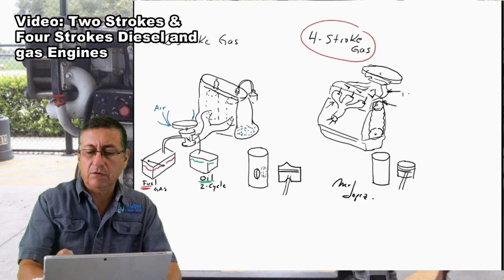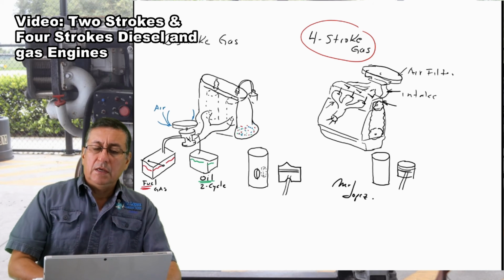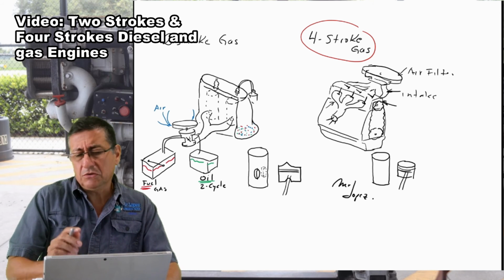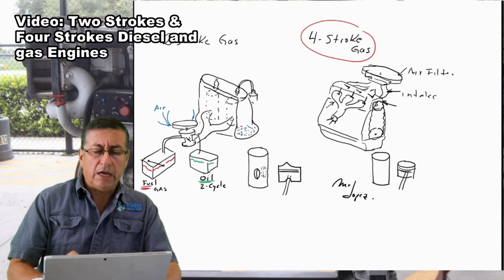This is the intake manifold. And on the intake manifold, you have the throttle body or carburetor, and on top you have the air filter. That's the air filter. This is for 4-stroke gasoline engines, or diesel is similar.